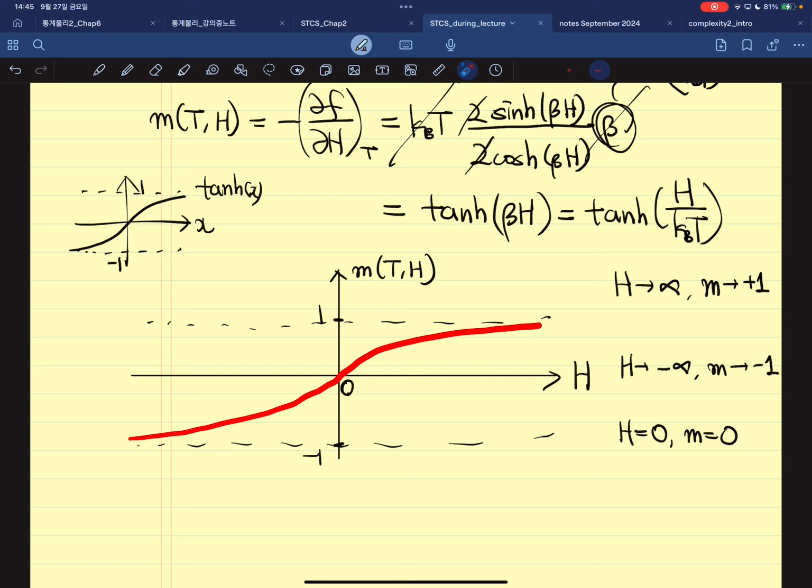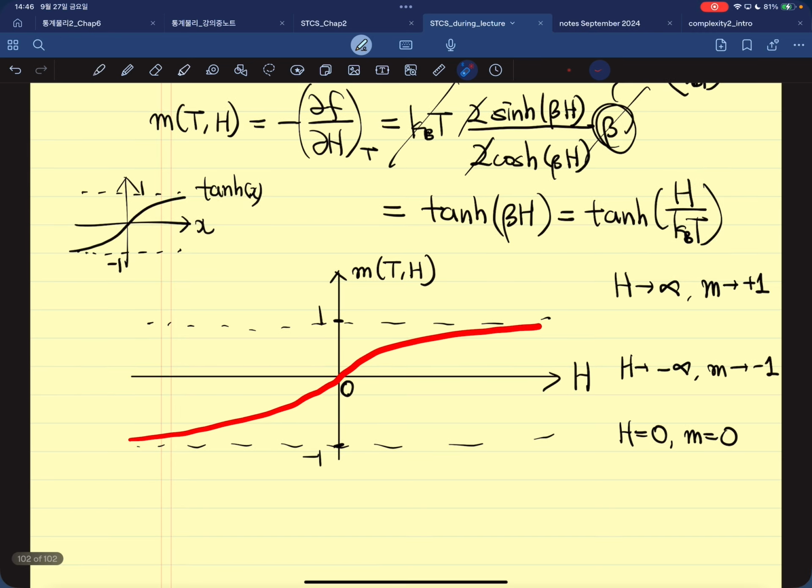Suppose the temperature is very low, then the same change in h corresponds to a very large change in the argument of the hyperbolic tangent.